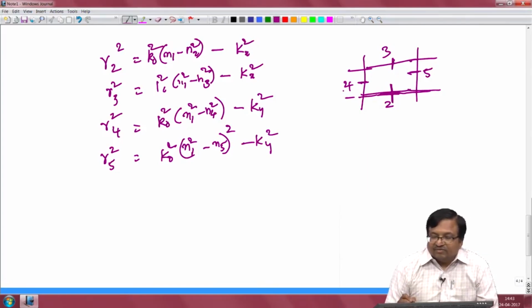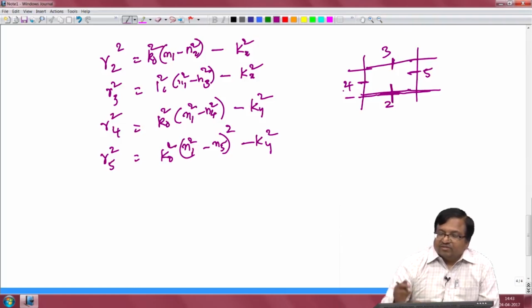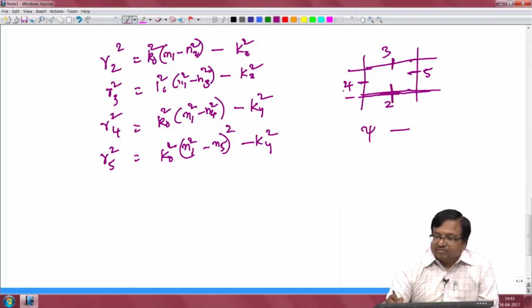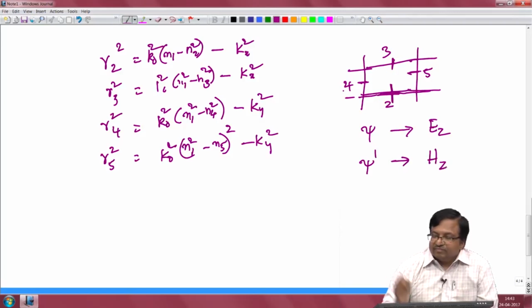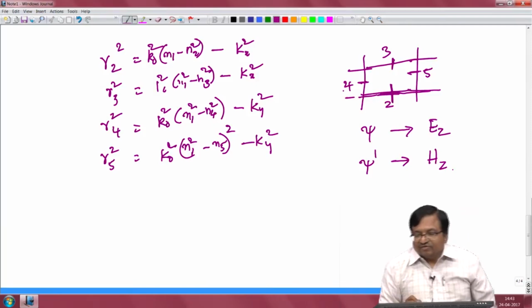Just recall that the derivatives of fields could be related to the magnetic fields if the fields are related to the electric fields. So, if psi represents the electric field variation, the derivatives of the field could represent magnetic field variation or any of these components of this field.